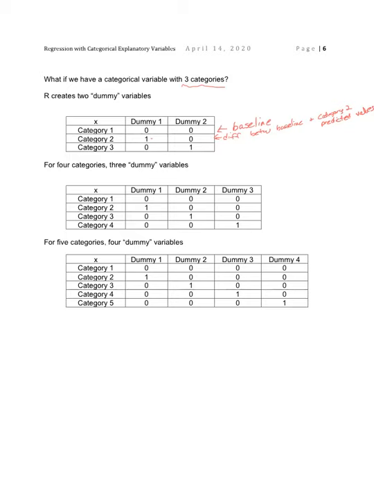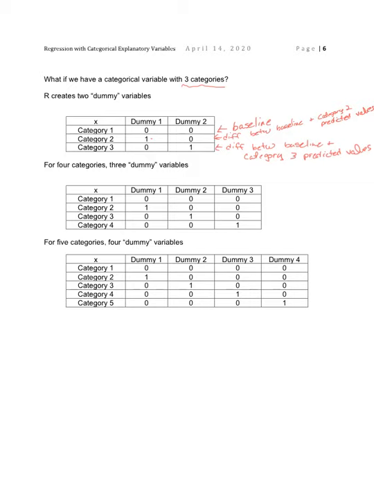So we're going to measure the difference between the baseline and the category 2 predicted values, and the difference between the baseline and the category 3 predicted values. And we don't have to do any of this. R is going to take care of all this automatically for us.